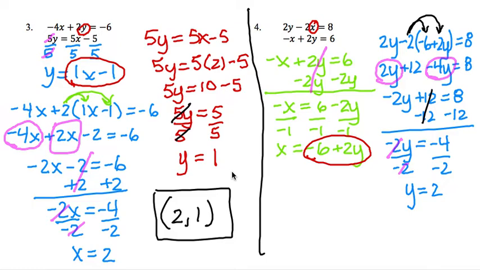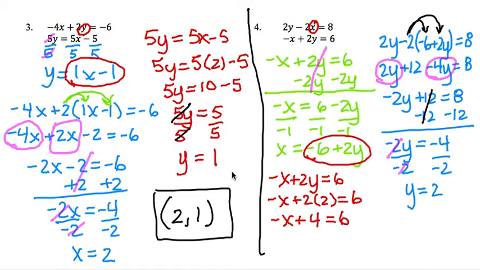So now I'm going to go back to one of the two original equations. So if I choose the second one, it was negative x plus 2y equals 6. And I now know that y is 2. So negative x plus 2 times 2 equals 6. 2 times 2 is 4, so negative x plus 4 equals 6.